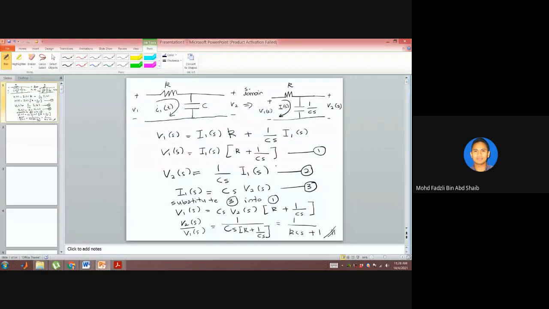This is the final answer. So V2(S) over V1(S) equals 1 over RCS plus 1. How to get RCS? Just expand it: CS times R, RCS, plus 1 cancels up and down, so it becomes 1. Okay, so this is example 1.